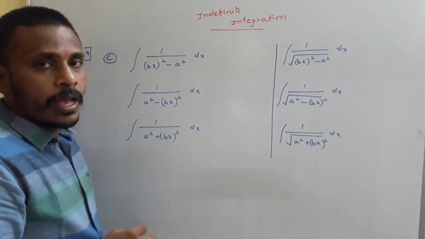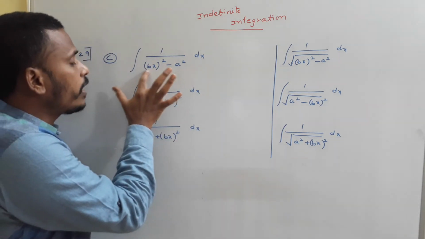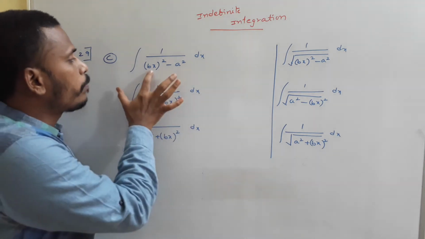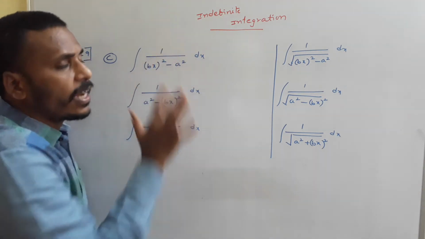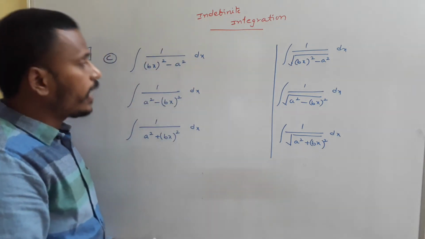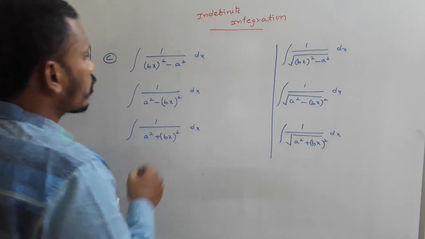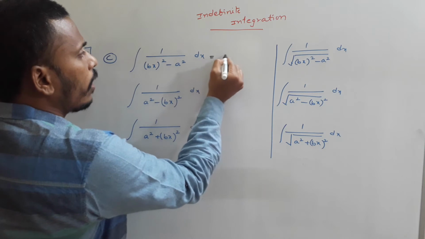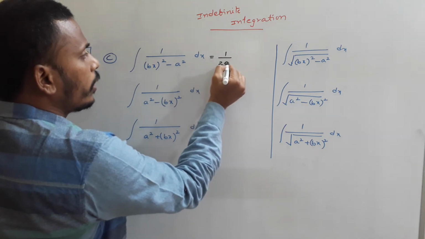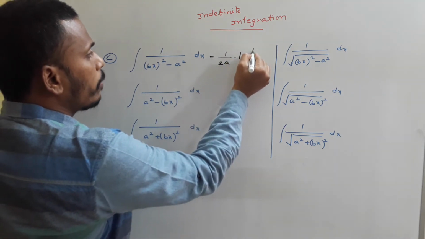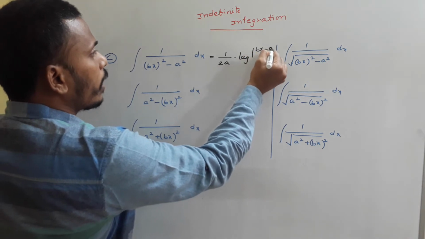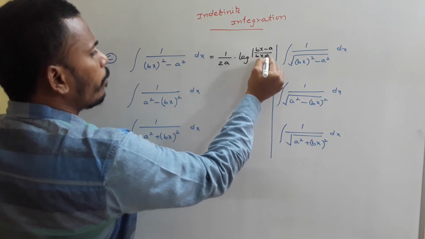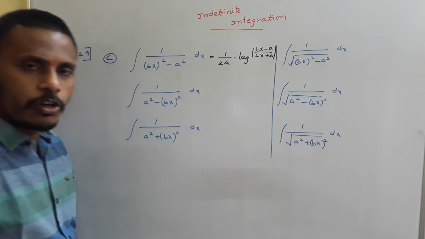In my mind I am treating this bx as t, and writing directly: as per the formula, 1 by 2a into logarithm of (bx minus a) divided by (bx plus a), plus a constant of integration.